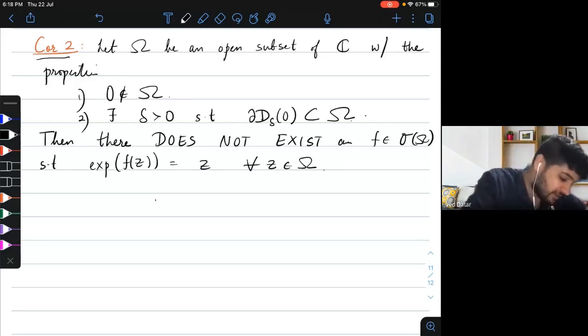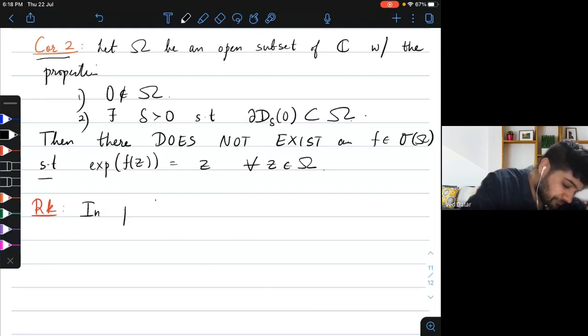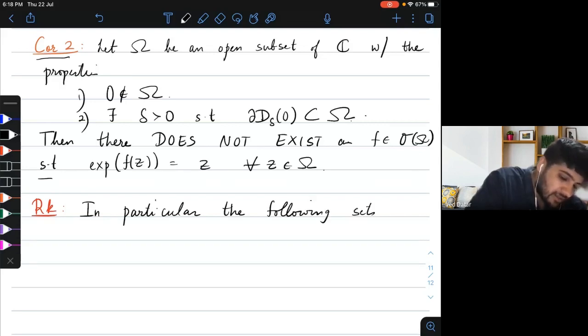So in particular, maybe I'll include that as a remark. Remark: in particular, the following sets have no holomorphic logarithm.